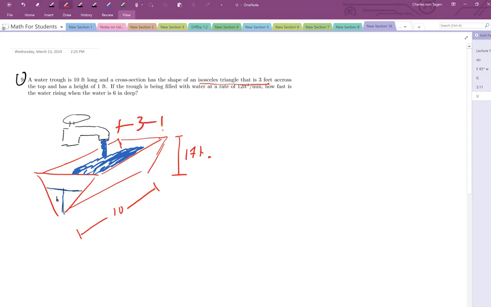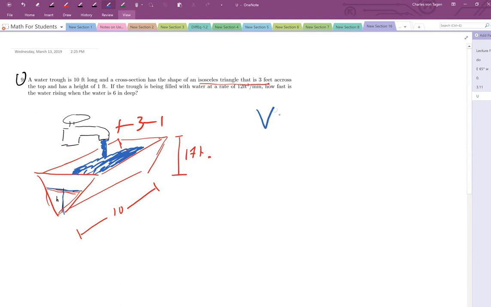Okay. So there are the dimensions of this trough, and then of course the water is filling, and I've given you a sense of how the water would form a similar isosceles triangle. In fact, the fact that I said similar gives us a hint as to how to tackle this. So let's figure out what the volume of this water would be, and then we'll see if there are any substitutions we can do.